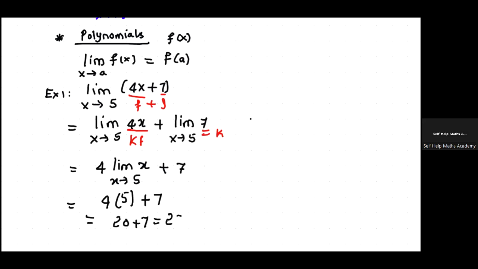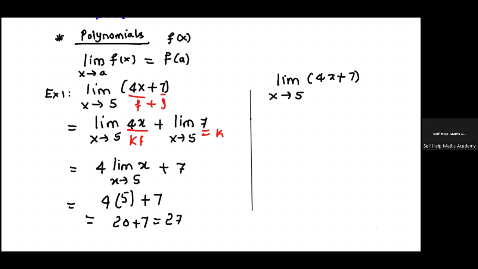This is one way of doing it, like we have done in detail. But if you use the polynomial function, limit of f of x as x tends to a is just f of a. So let us consider the example again, as x is tending to 5. It's a polynomial function of order 1.